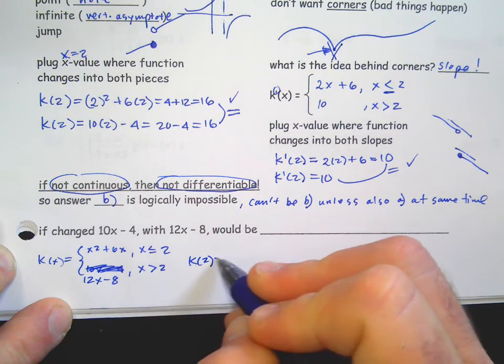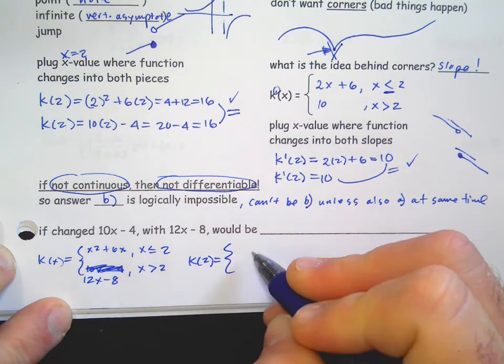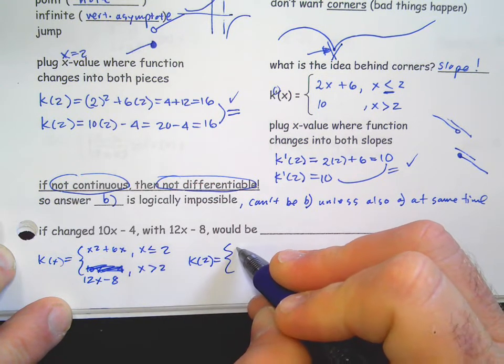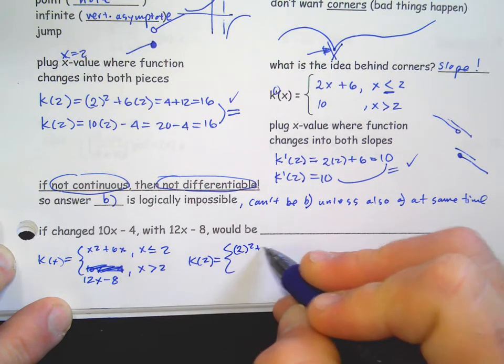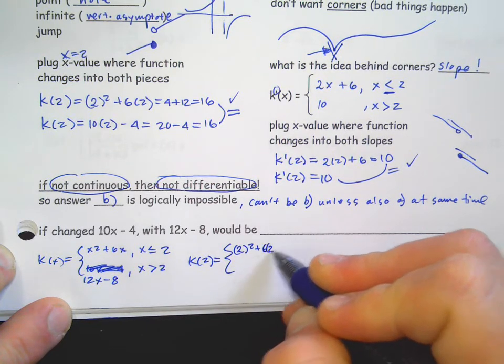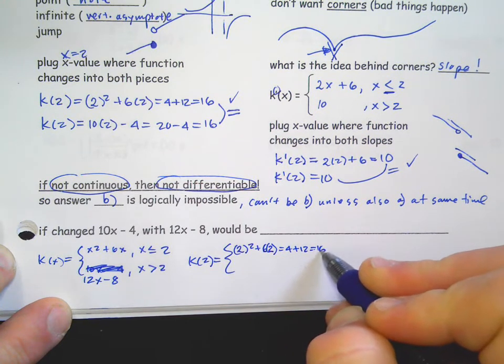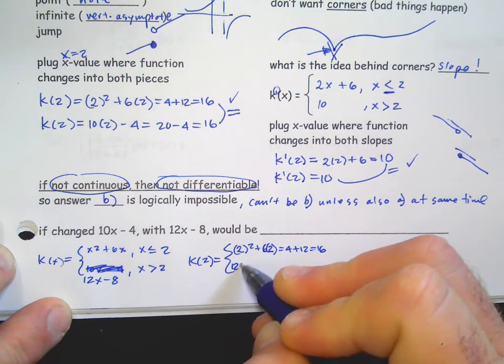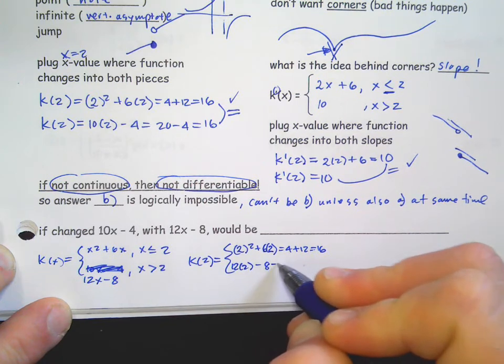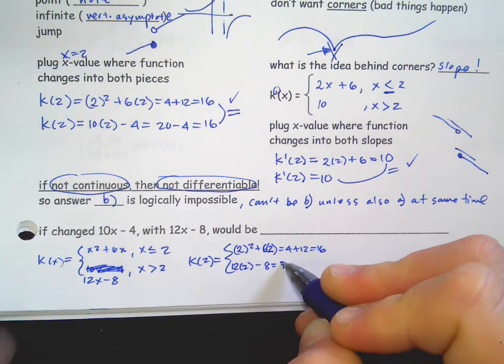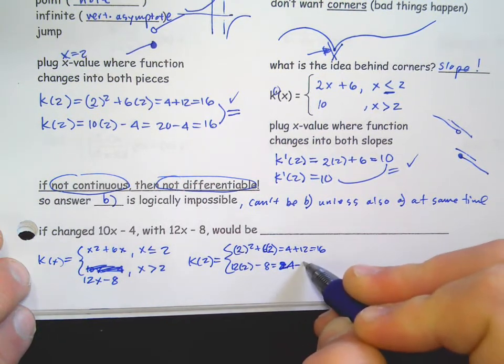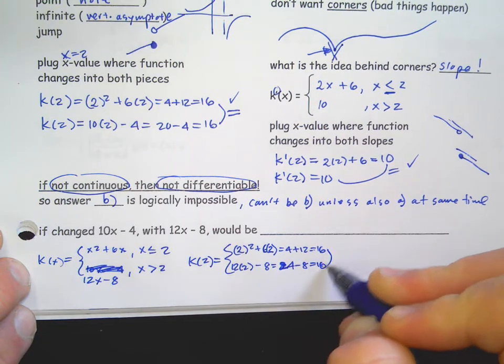And by the way, we could just leave it in this piecewise notation. And 4 plus 12 equals 16. And here, 12 times 2 minus 8 is going to be 24 minus 8, is 16. So that's good. It's continuous.